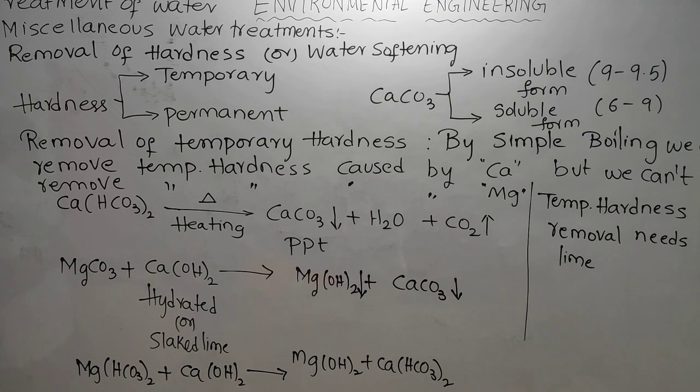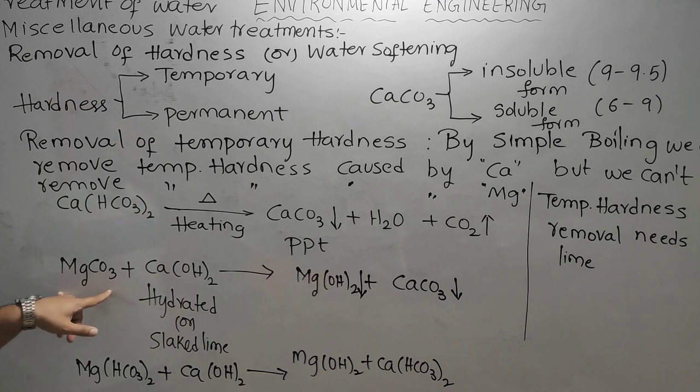Come back to the removal of permanent hardness. Before moving into that, one thing we need to understand is that to remove 1 mole of carbonate hardness of magnesium, we need 1 mole of lime.